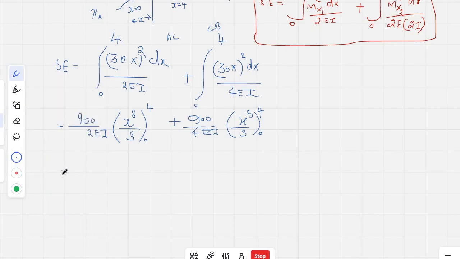Now here it is 1 by 2, here it is 1 by 4.